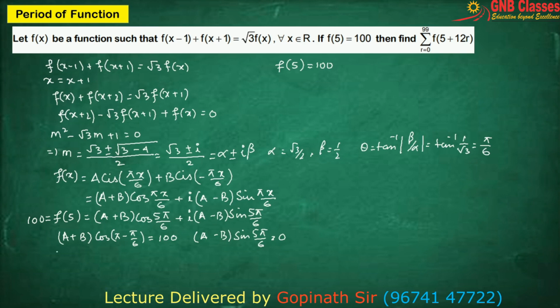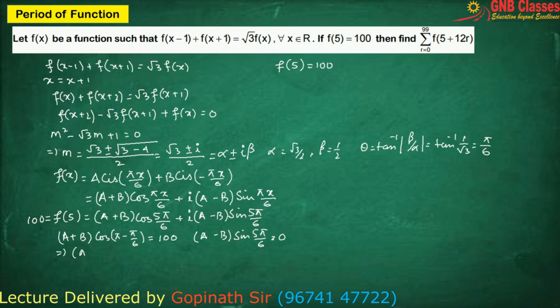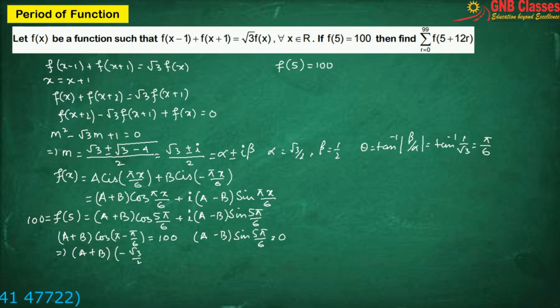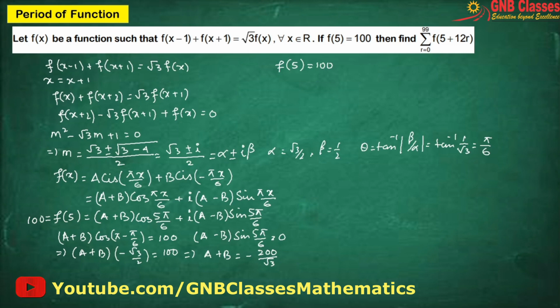Okay, so we have a plus b times minus root 3 by 2 equals 100. That gives you a plus b equals minus 200 by root 3. Am I correct or not?